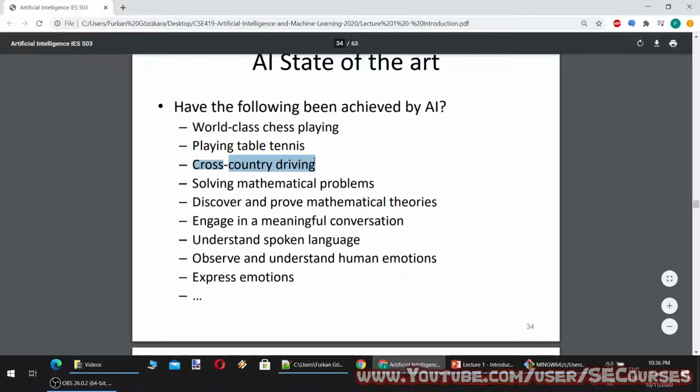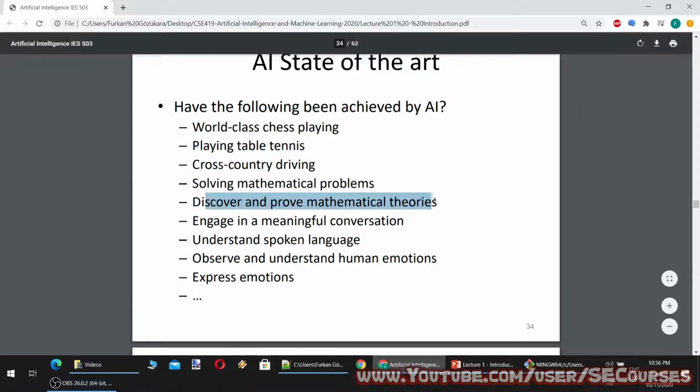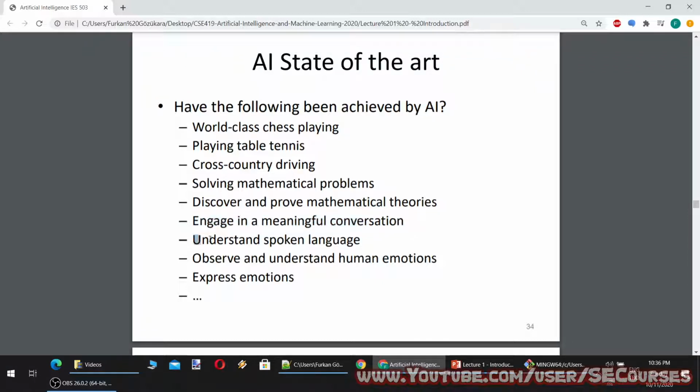This is still not done. There are cars that can drive through a country. However, I think still no cross-country driving. Solving mathematical problems, done. Discover and prove mathematical theorems, done. Engage in meaningful conversation, somewhat. Still pretty inferior. Understand spoken language, done. Observe and understand human emotions, kind of done. Not fully. Express emotions, still kind of done.